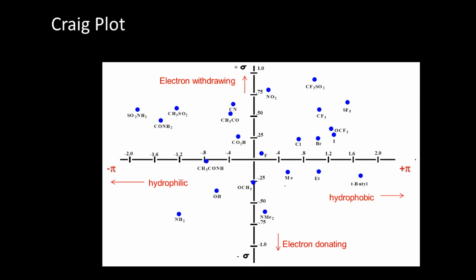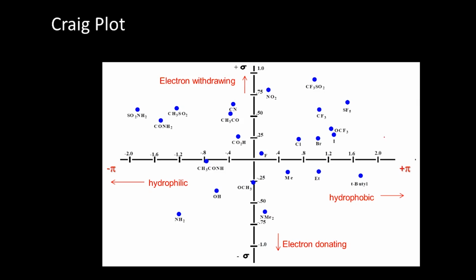So this is electron withdrawing. Here we have the electron donating. Here it's more hydrophobic. Here it's more hydrophilic. So if you have say COOH, it's hydrophilic, and it's also electron withdrawing. If you look here, this is a hydrophilic OH, and it's electron donating. So this is a very interesting plot. We can decide which substituent to put into our parent molecule for our studies.